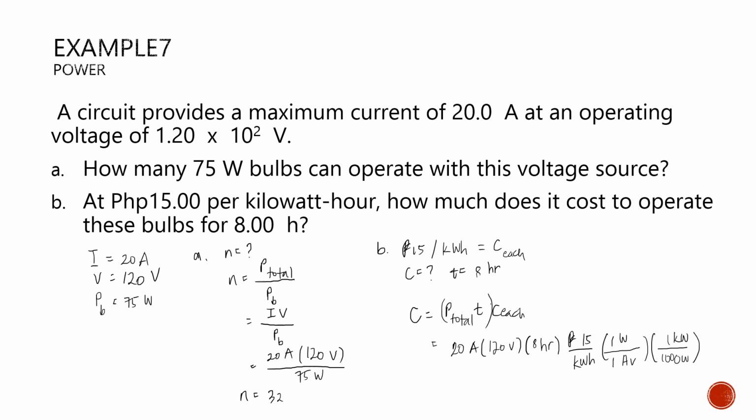So that we can check the dimensions if it's already correct: canceling out ampere volt, and then the hours, and then the kilowatts and the watts. So we're left with the amount in pesos. So it's 288 pesos.